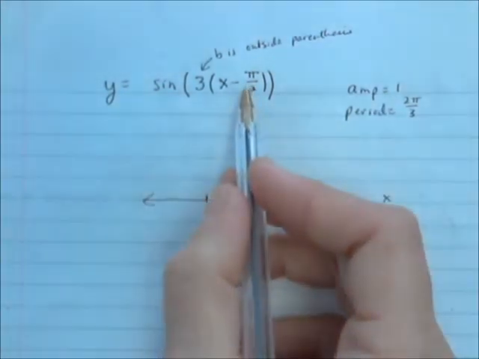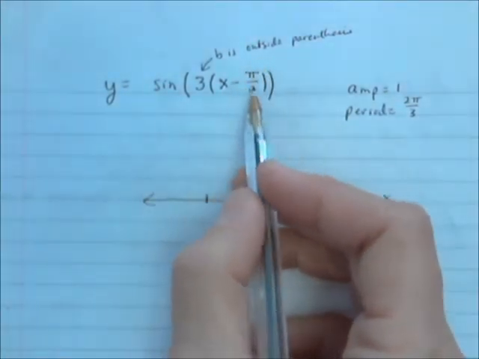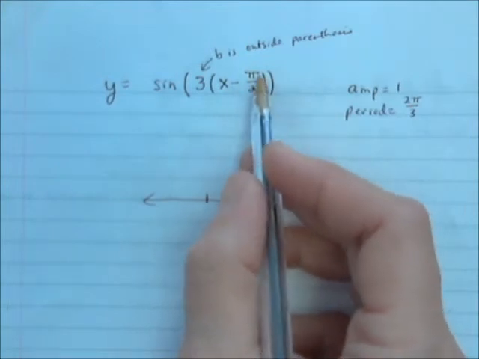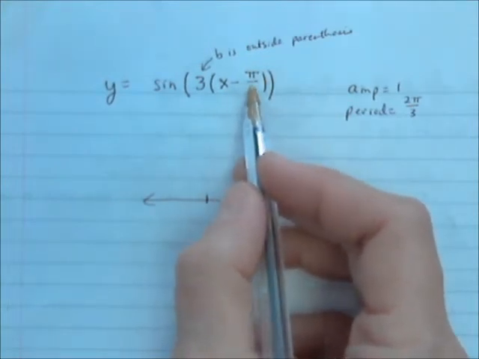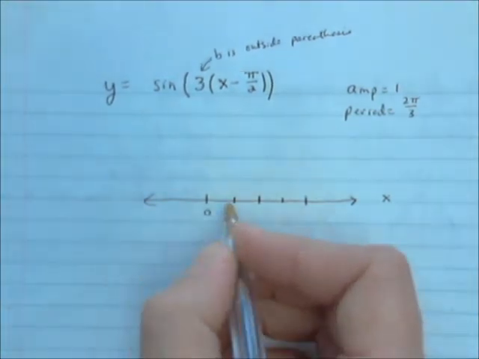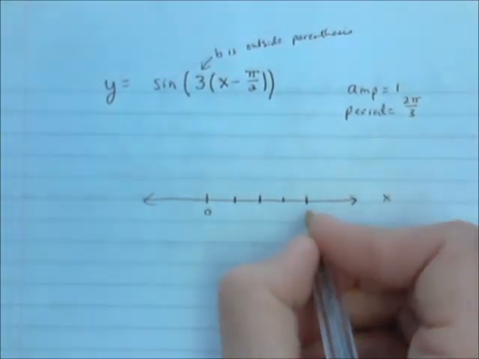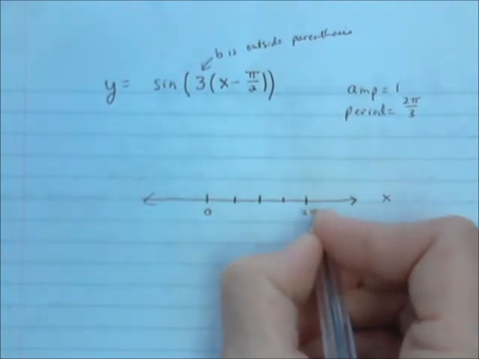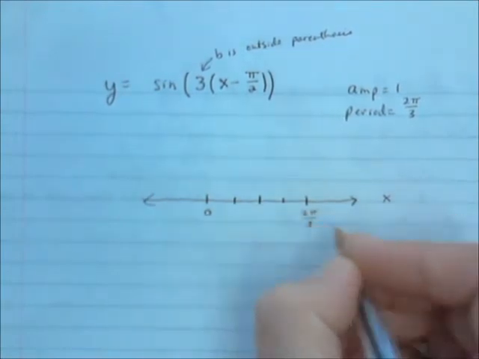So if there were no horizontal shift, that's how I'm going to set it up first, imagining that there's no horizontal shift. So if there's no horizontal shift, this would start at 0. The period is 2 pi over 3, so my right end point is 2 pi over 3.